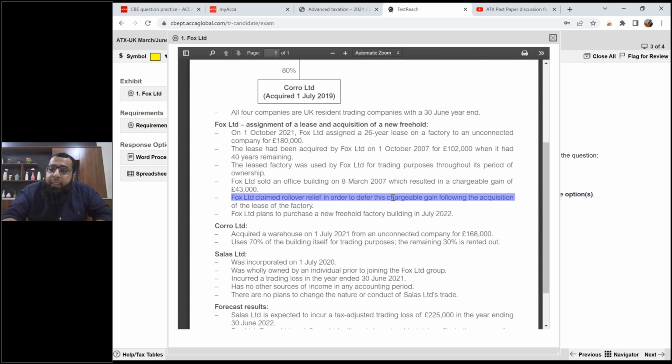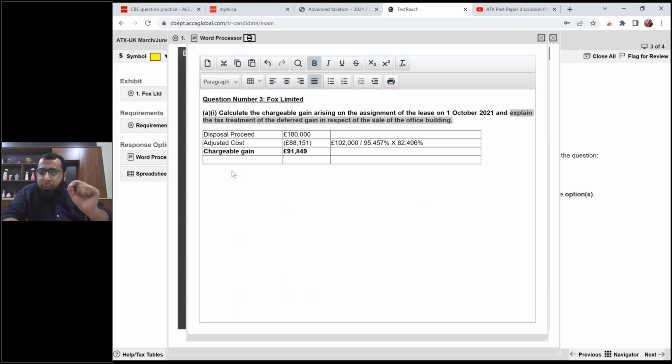Now see, the gain rolled over against the acquisition of the lease must have been deferred through holdover relief. Why holdover relief? Because this leased factory was a depreciating asset. Its life was less than 50 years. See, this was the place where some students may have made a mistake and lost some of the marks.